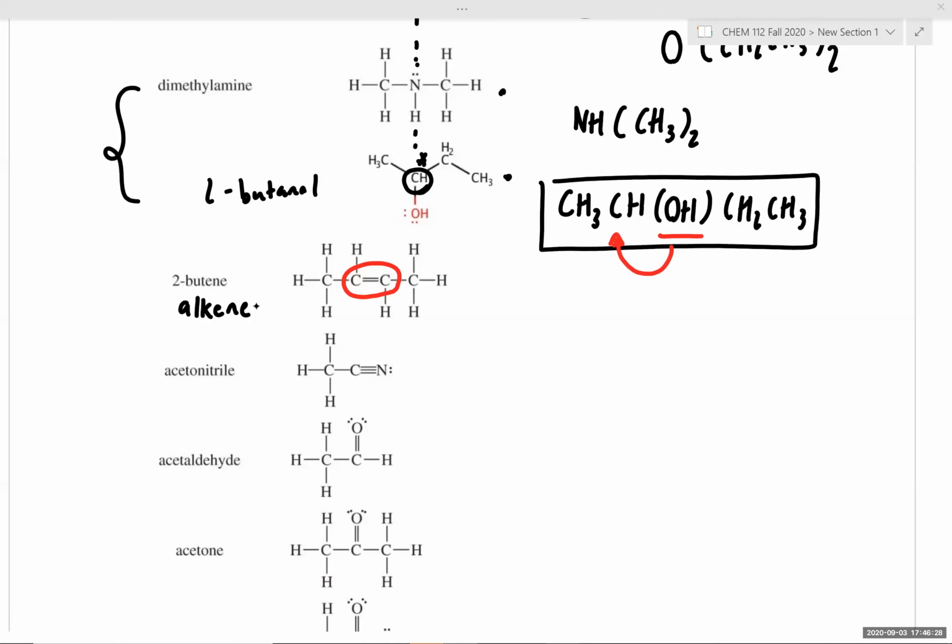The way that you've written 2-butene is reflective of the connectivity of the atoms, but in condensed formulas, we typically have to explicitly show that there is a double bond present. So we'd write this as CH3, CH, double bond, CH, CH3.